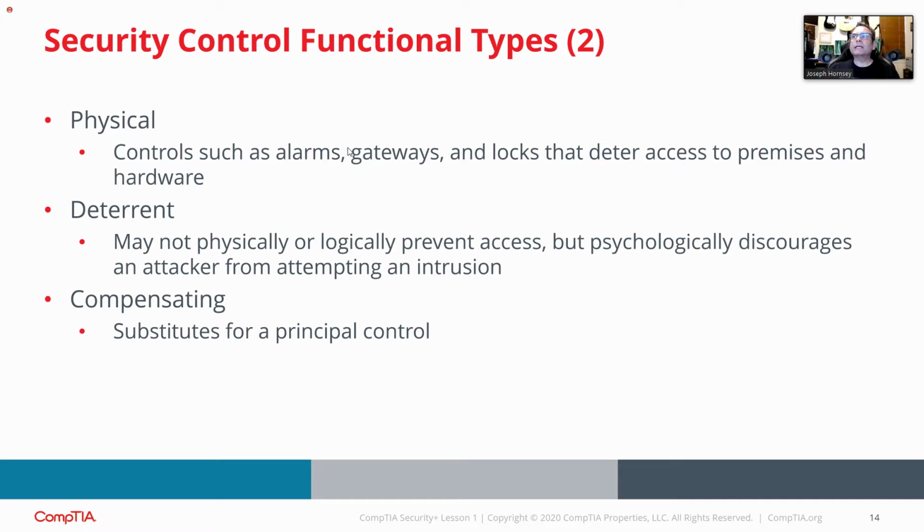A deterrent is a control that, like it says on the slide, may not physically or logically, like an access list, prevent access, but it discourages. It's more of a psychological thing. This could be something like a sign that says authorized personnel only.